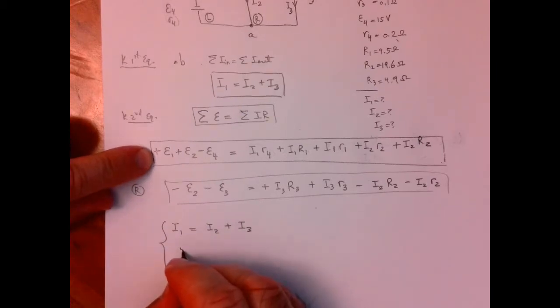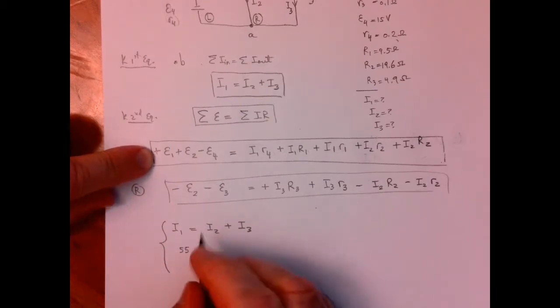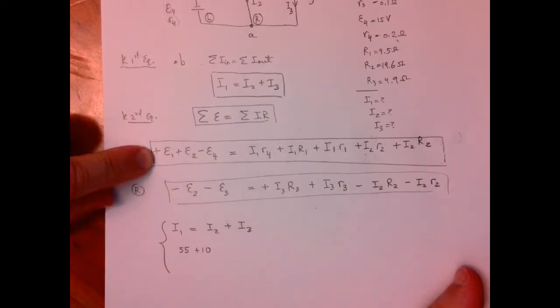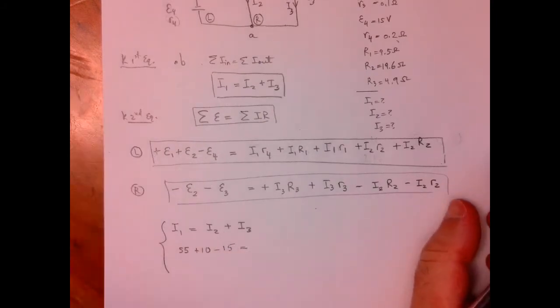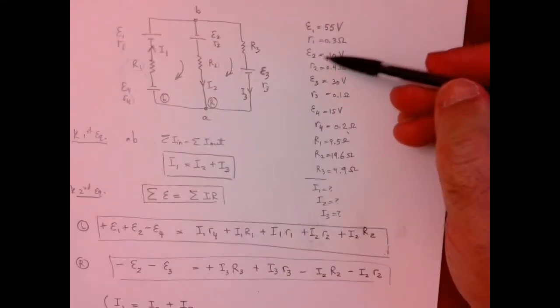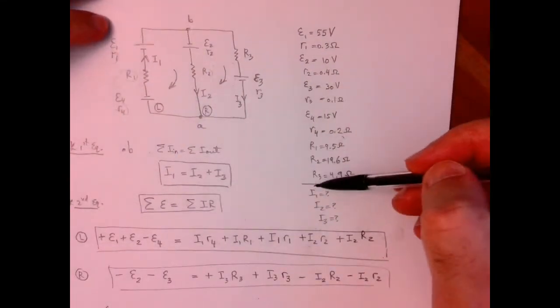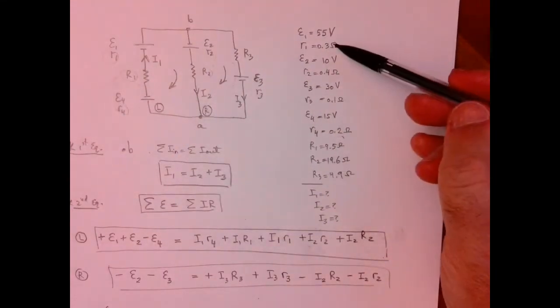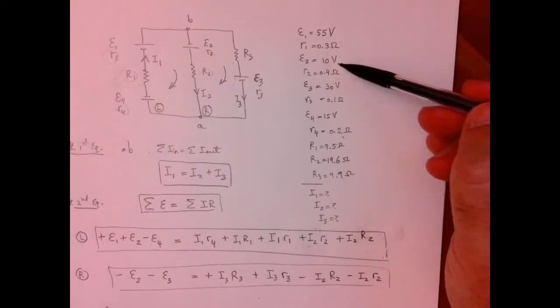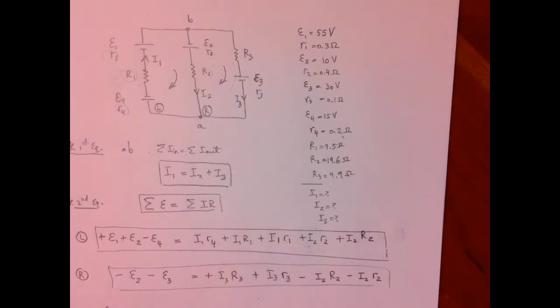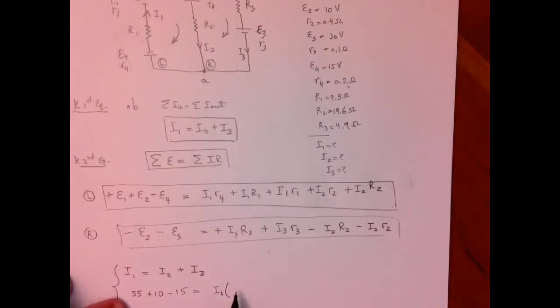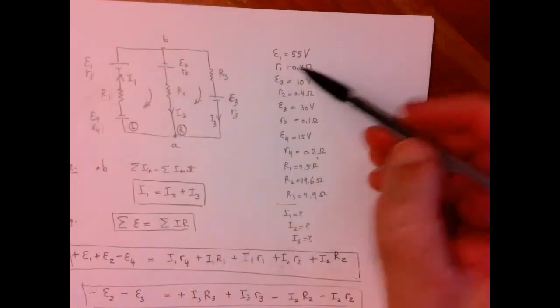So 55 plus 10 minus 15, I'm looking at the values that were given to us here, is equal to I1 times the sum of these resistances.